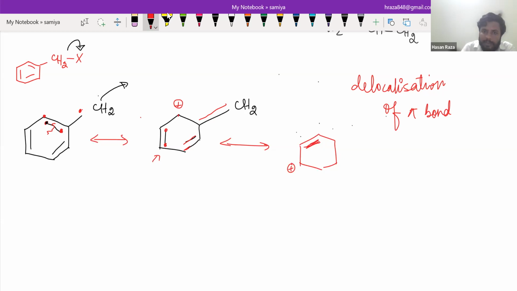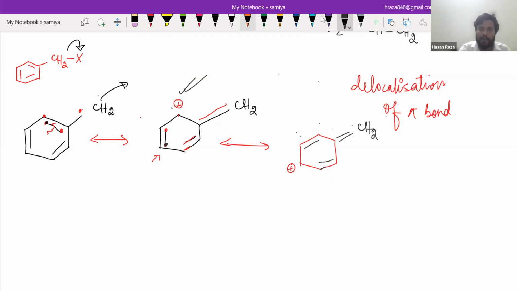Now here it becomes the double bond and comes to this place, and you already know that this is CH2. There was a positive charge, and if this electron moves to this carbon, there will be a negative charge. Already there is a positive charge, and by gaining an electron there will be a negative charge. So this positive and negative will be cancelled, and this bond will be like this.